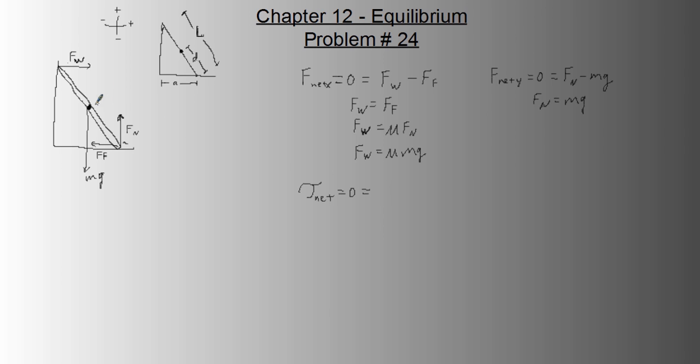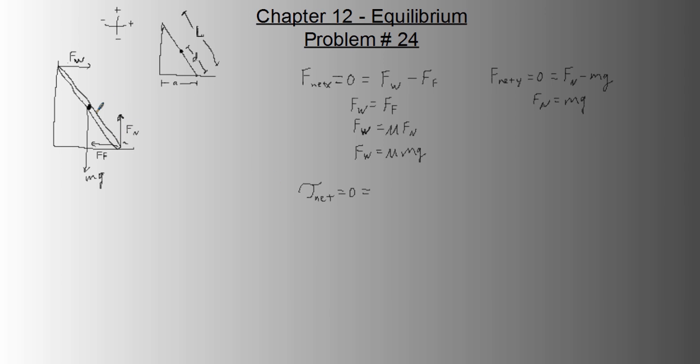With that in mind, let me pause for a second and see if it works with these as a pivot. You know, it actually works, and it's actually easier to make the pivot point here. The reason it makes it easier is because it gets rid of two expressions in your torque.